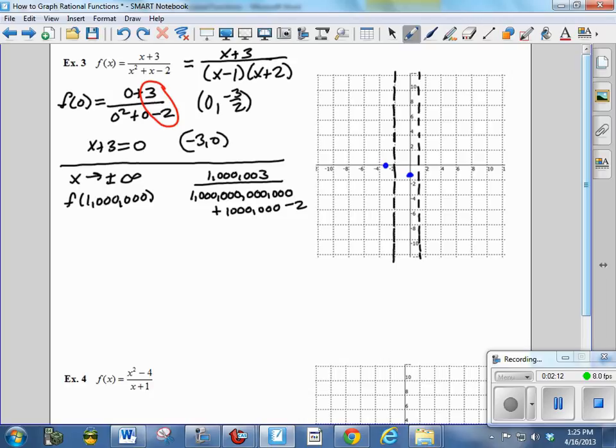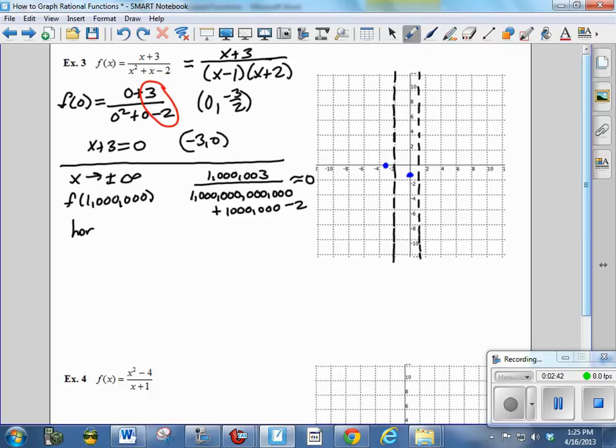So this is a really, really large number. As we increase x even more, that squared term is going to dominate. It's going to keep getting bigger at a much faster rate than x is. So what happens as x gets really, really big is that the y value gets closer and closer to 0. So we're looking at a horizontal asymptote at approximately 0.